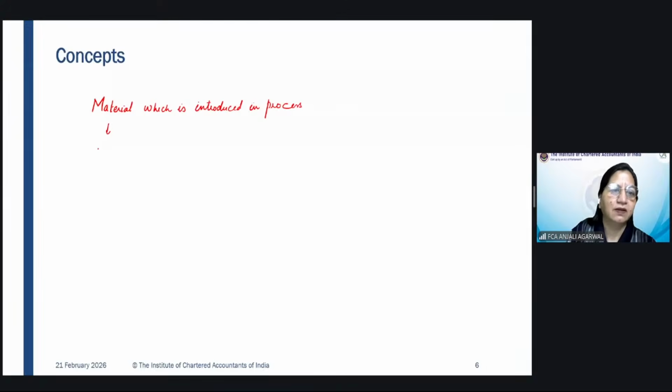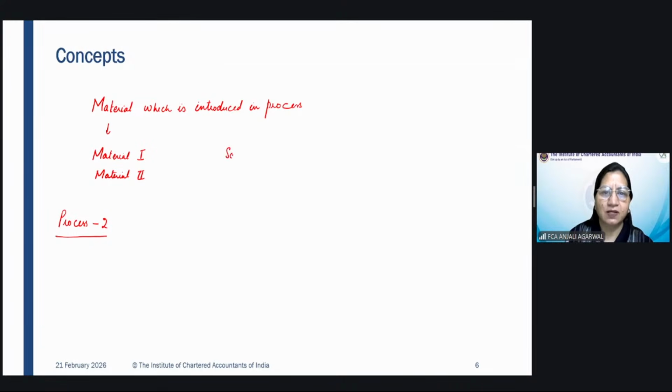Some processes may require material 1 and material 2. Two different types of material may be required. So let's talk about process 1, process 2, a process which is an intermediate process.